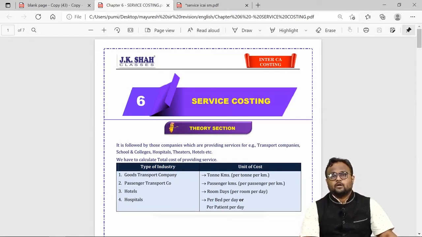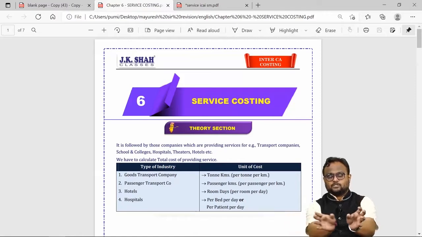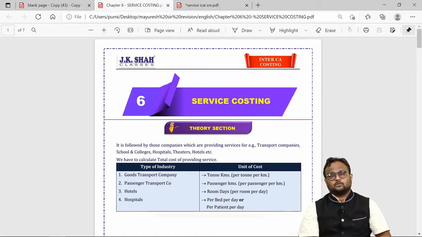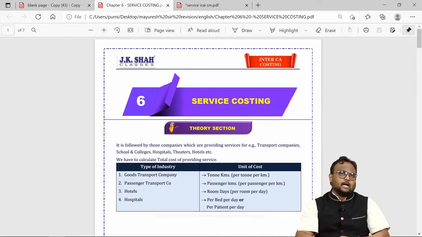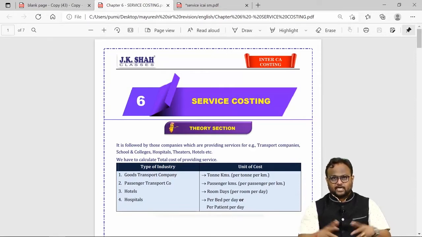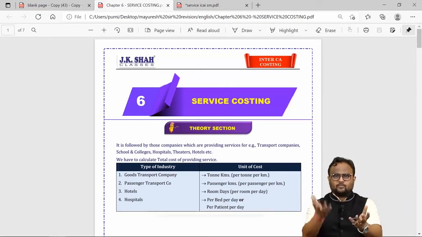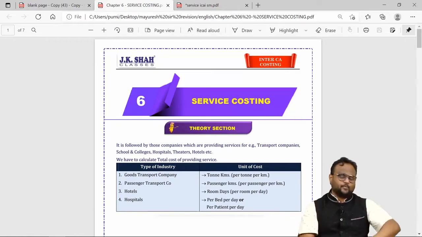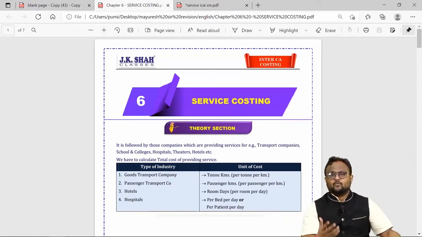If you want per person per show, take total persons multiplied by total shows. That will be the base, not 100, but that will be considered as a base. If you want per room per day charge, take total room days. So number of rooms into number of days, number of passengers into number of kilometers, number of tons into number of kilometers is the only thing which is required to be studied here.